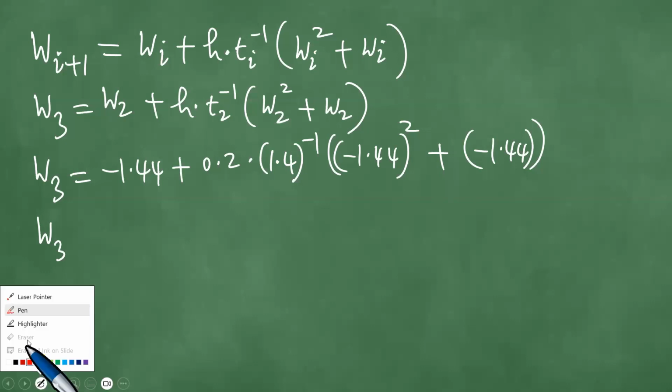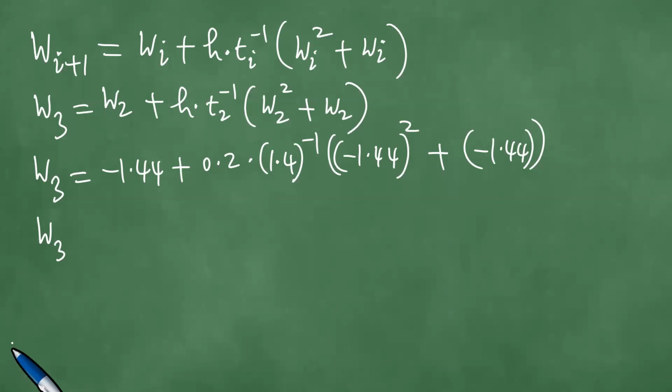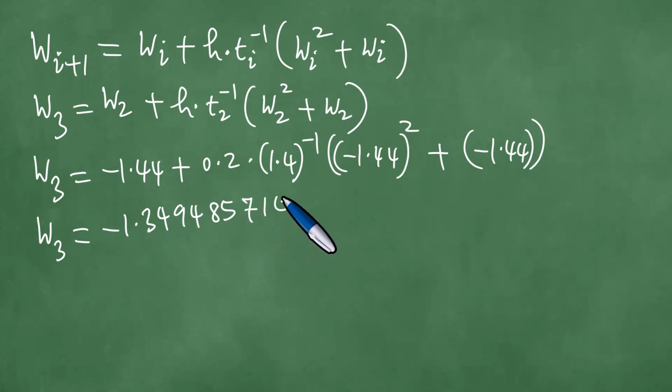Right, so now this one here is the same as minus 1.349485714. Okay, what does this estimate?